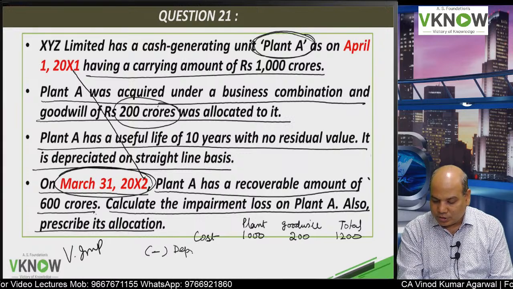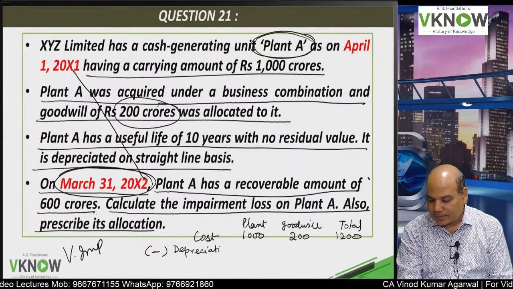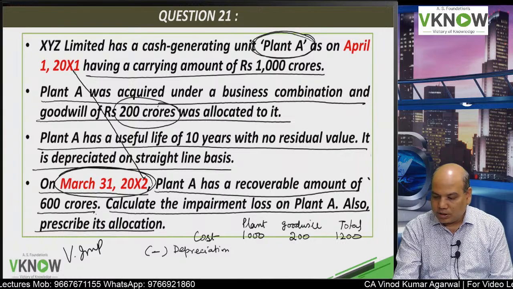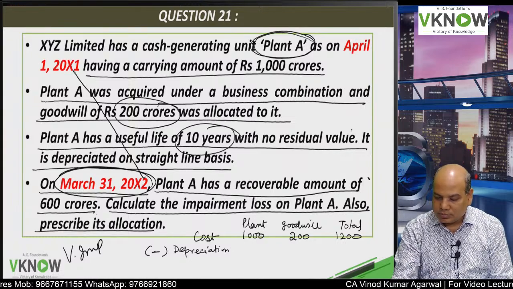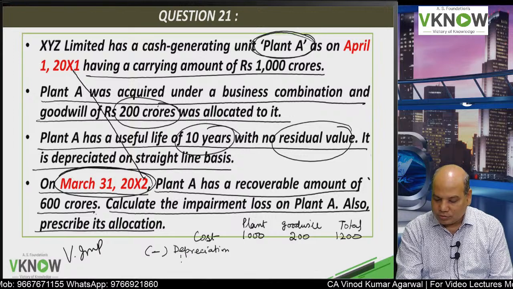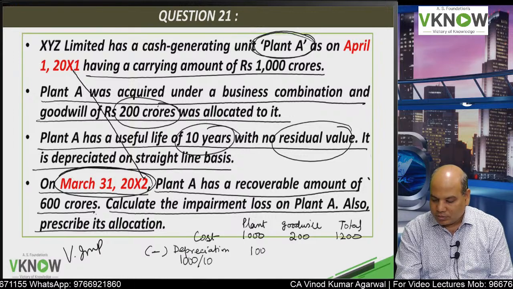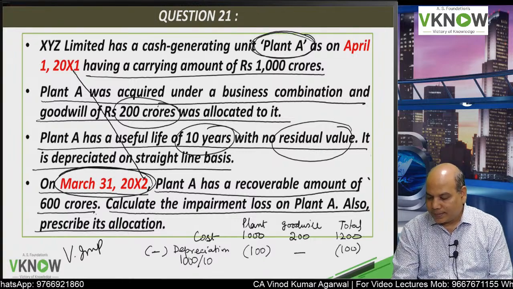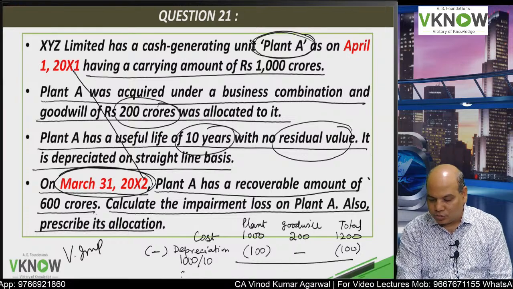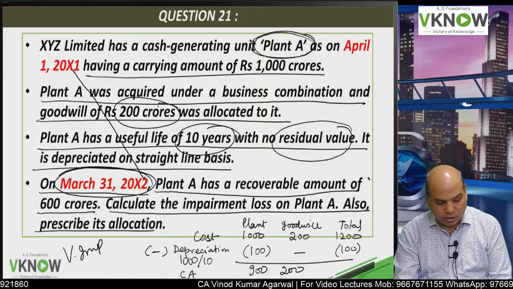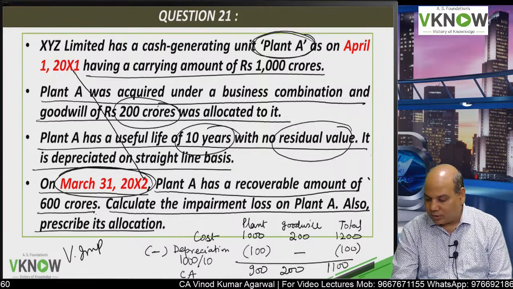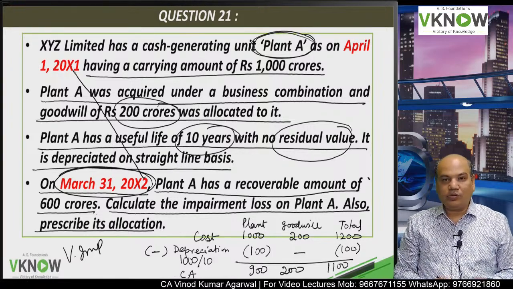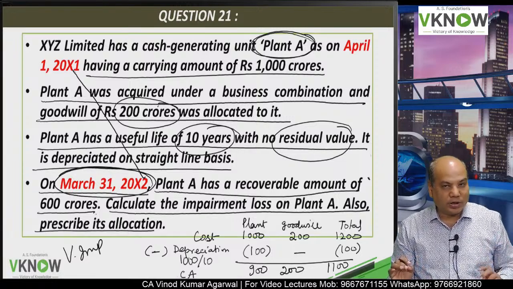So less depreciation. Plant has a life of 10 years. Residual value 0. So 1000 divided by 10, plant 100. Goodwill nothing is given. So carrying amount is 900, 200 and 1100.